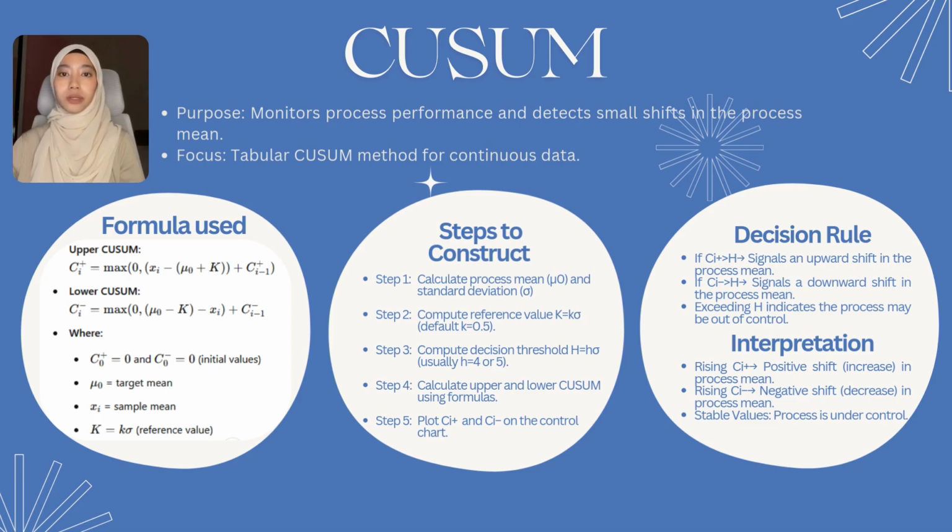While for the lower CUSUM, the formula is open bracket, the target mean minus reference value k, close bracket, minus the observed sample mean, plus the lower CUSUM value from the previous observation. If the sample mean drops below the target mean by more than the reference value, the lower CUSUM increases, signaling a downward shift in the process mean.